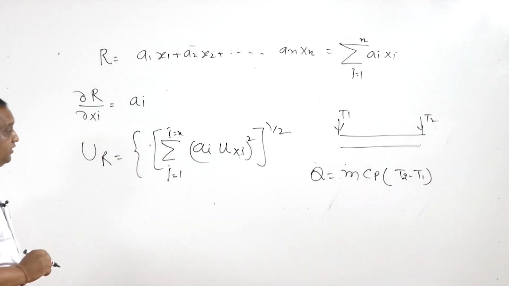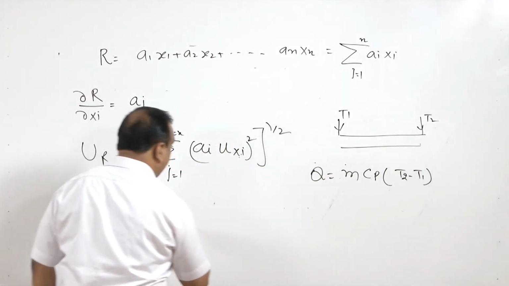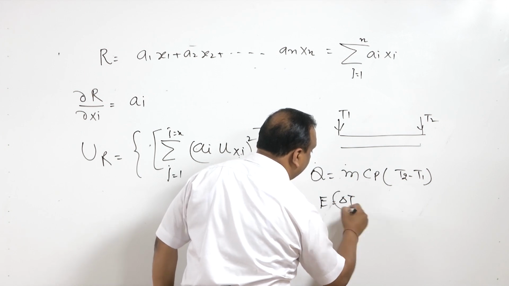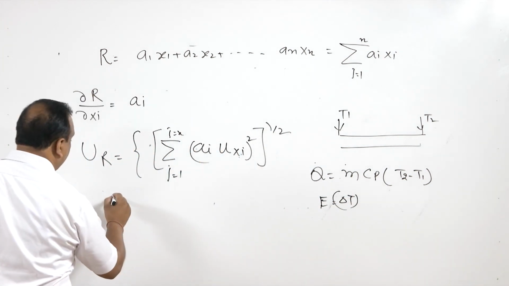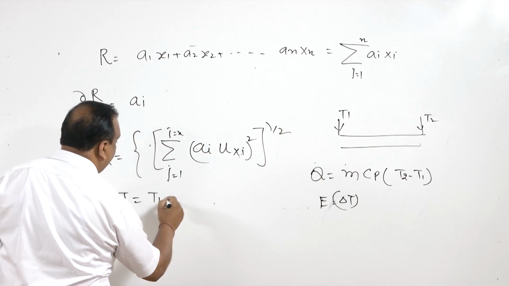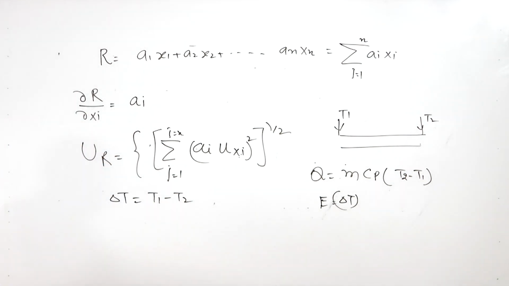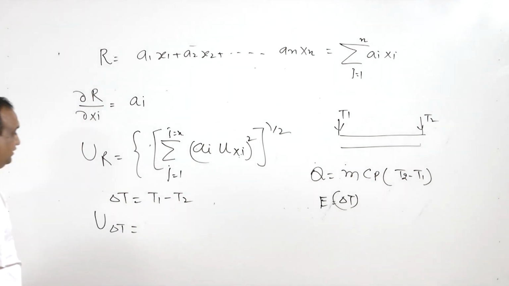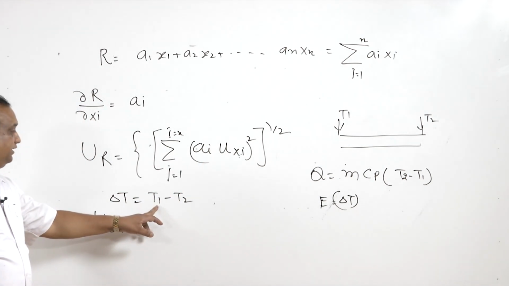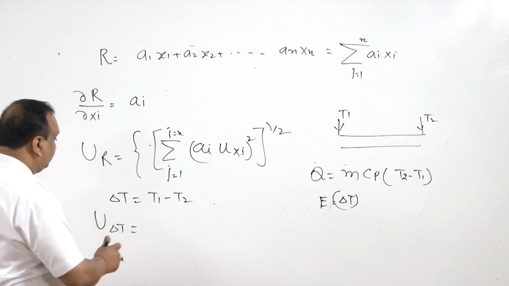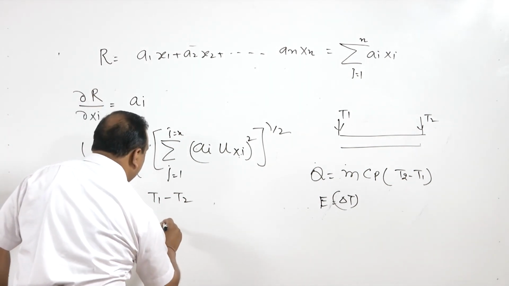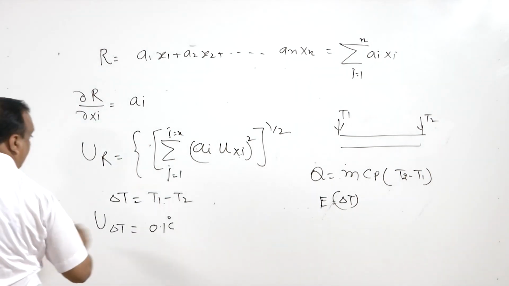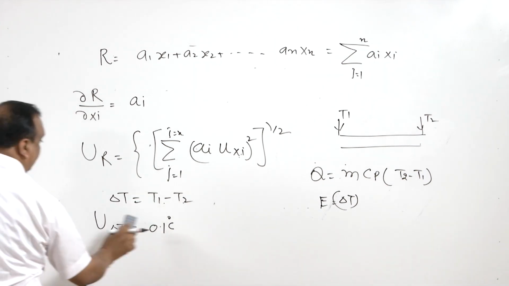Now the error in the measurement of Q or error in the measurement of delta T. So delta T is T1 minus T2. So uncertainty in the measurement of delta T is going to be as per this. Suppose error in measurement, this is 0.1 and this is also 0.1. So 0.1 degree centigrade error in the measurement of T1, and T2 also it is 0.1 degree centigrade.